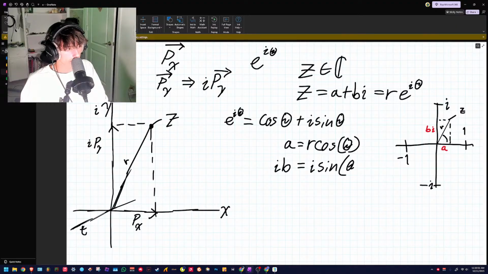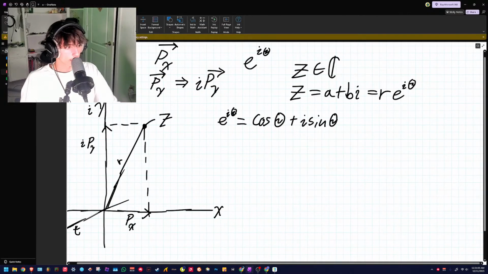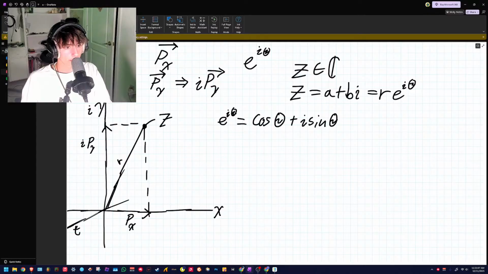That's that part there. The regular sine is just b, and then you have to add the imaginary part. So e to the i theta equals cosine theta plus i times the sine of theta.